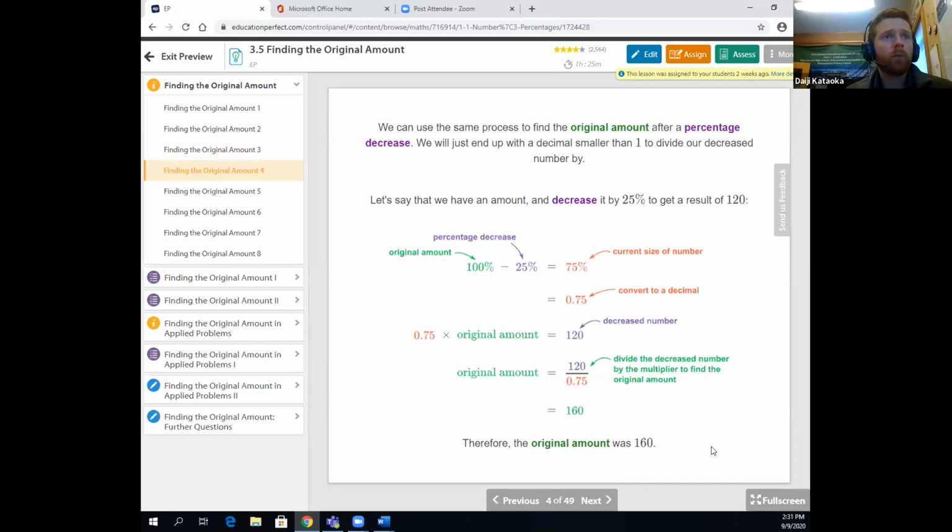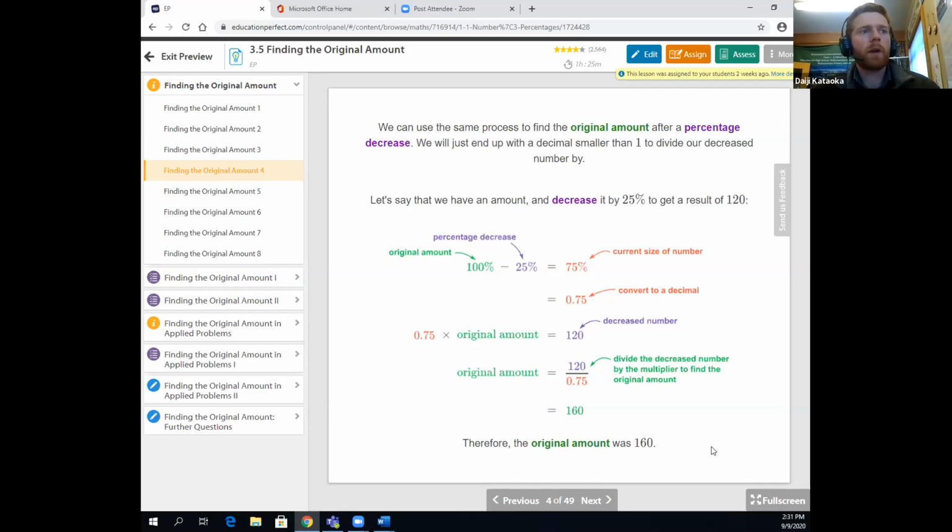So in the same way, we can use the same process to find the original amount after a percentage decrease. We'll just end up with a decimal number smaller than 1 to divide our decreased number by. So for example, let's say we have an amount and we decrease it by 25% to get the result of 120.